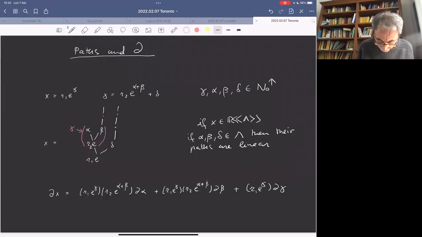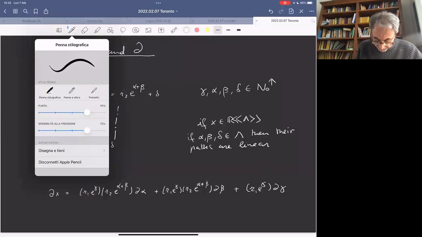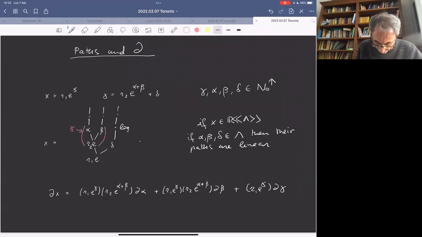No further bifurcations. Because if delta is logatomic, a path starting from delta, the next term will necessarily be the log of delta, the log of delta, and so on. So this is the picture you have to keep in mind.